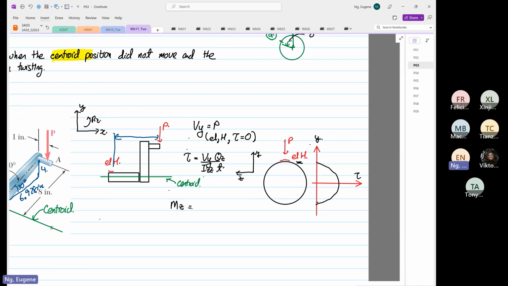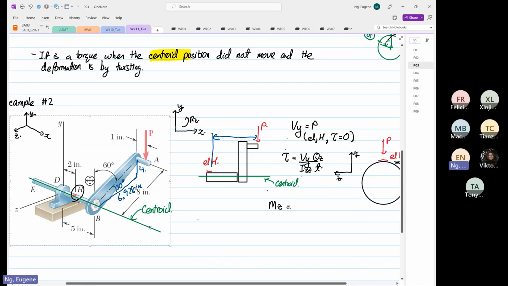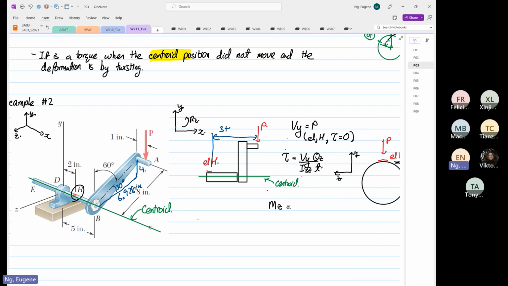It's equal to 3 plus 1, so this will be equal to 4P. So this is equal to 4P pound inch, and it's going to rotate in this direction.